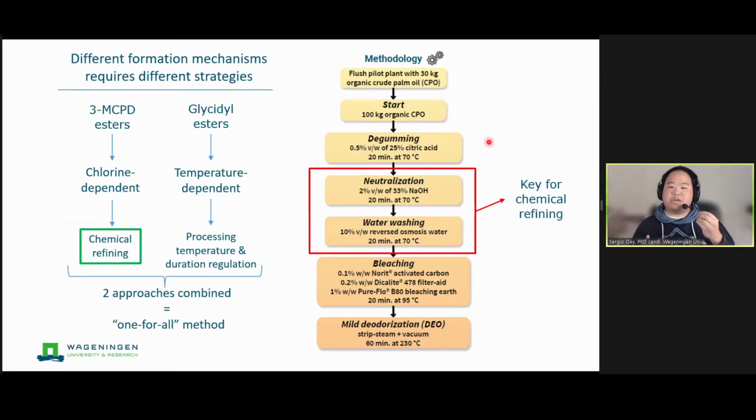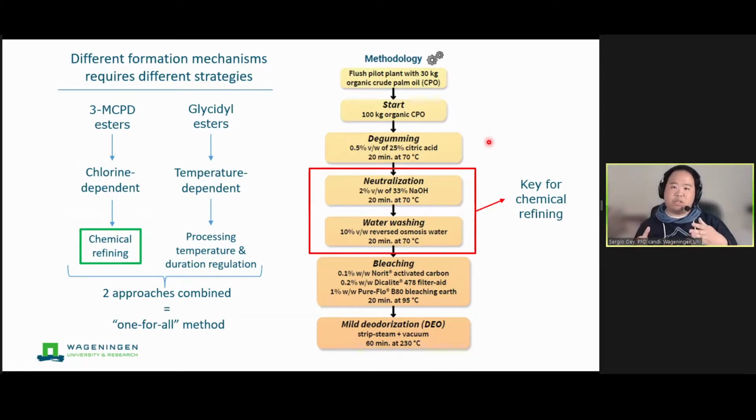for this chemical refining. We started with 100 kilograms of crude palm oil in our pilot plant, which we treated with citric acid to remove the gums and then neutralized the acids with sodium hydroxide.